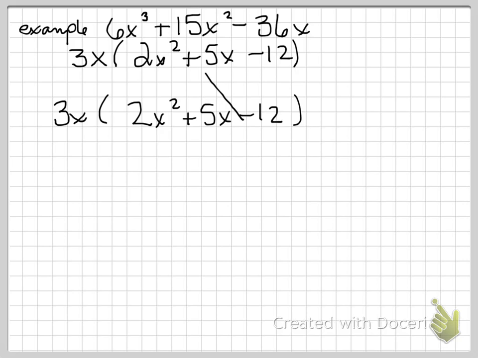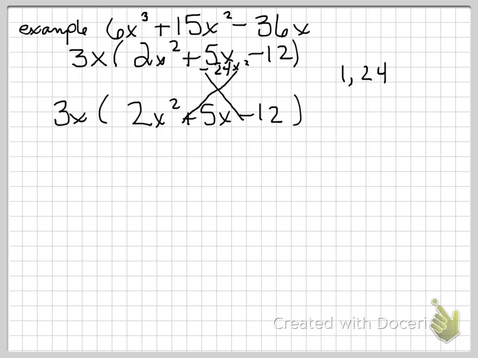So I'm going to make my diamond problem. Now I take 2 times negative 12, and that's negative 24x squared. So I've got to figure out what multiplies to be negative 24 and adds to be 5. And I'm going to actually list the factors out so that you get used to seeing that. So I know 1 and 24 does it.